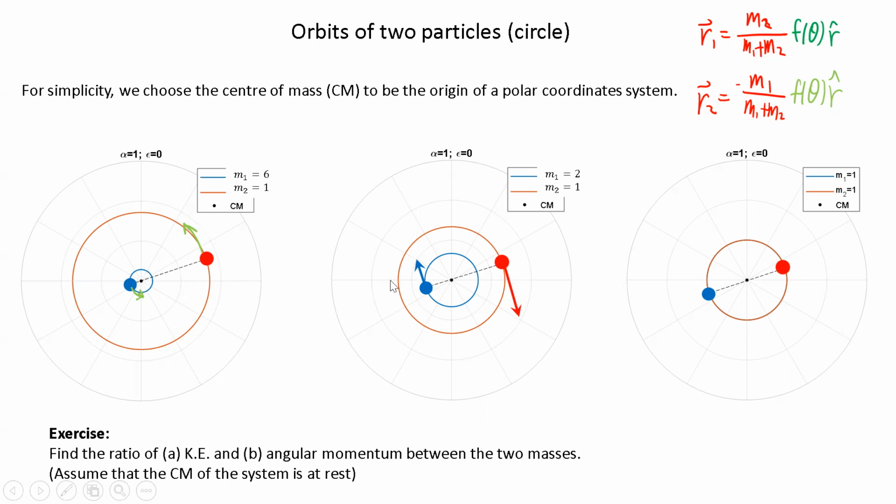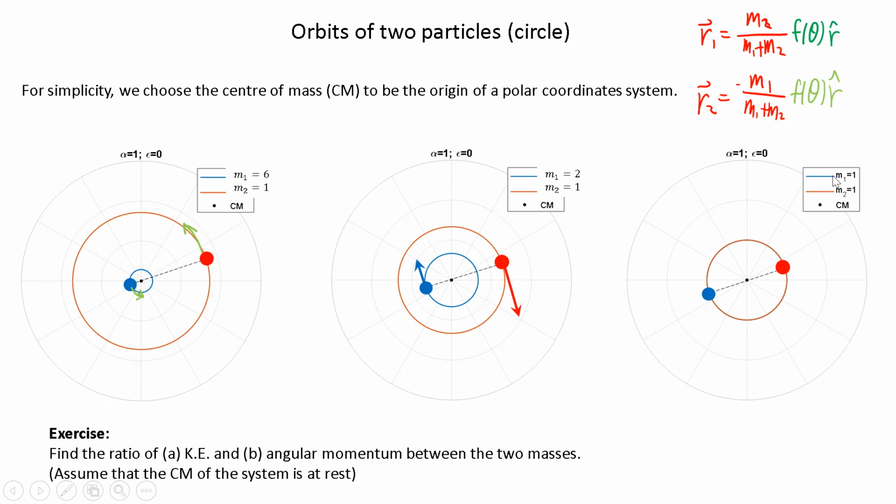Here I also indicate the arrows. Does it make sense? If I have a big mass, this one will give a very small circle. But if their ratio is closer, then the radius ratio between the 2 circles becomes closer.